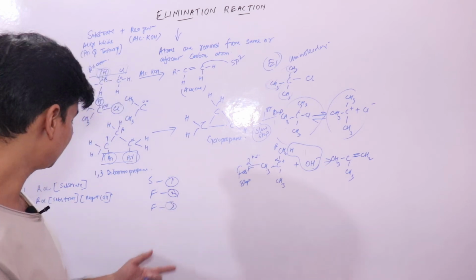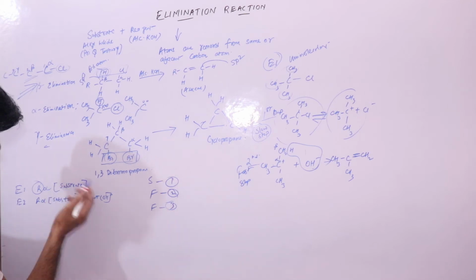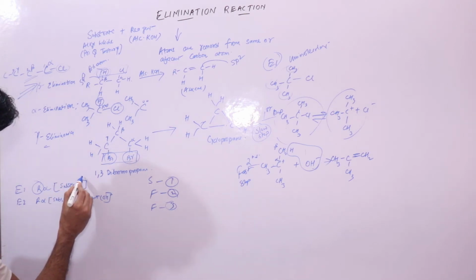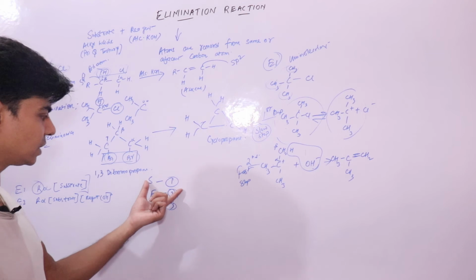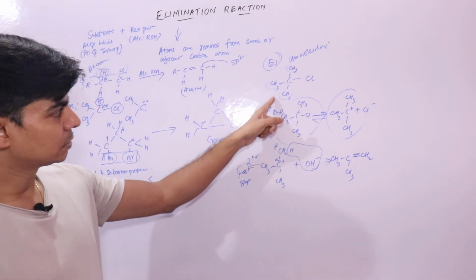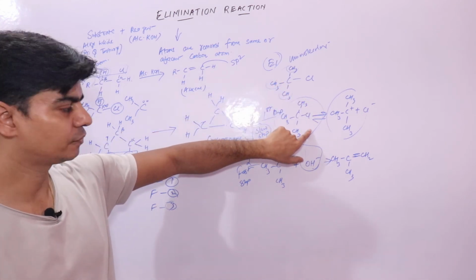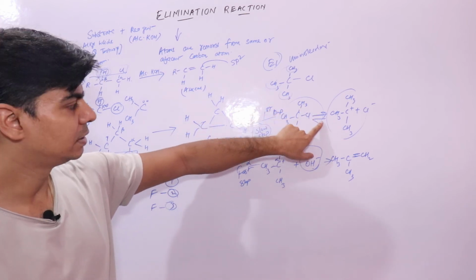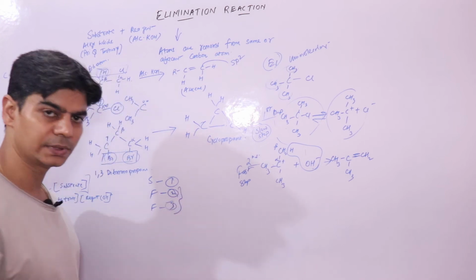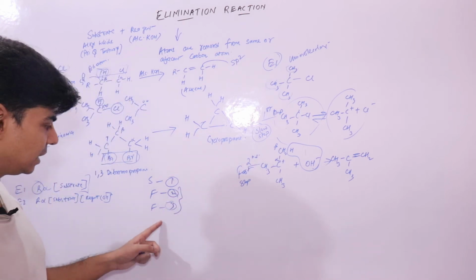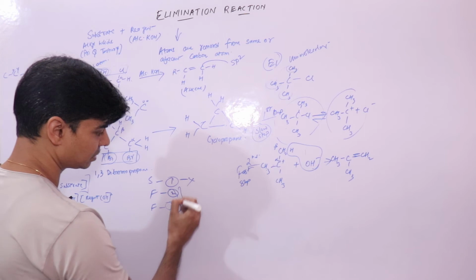Now since I said that the rate of reaction, the speed of reaction, or the completion of reaction, we may take it like that, depends on the concentration of substrate. And when we look at the substrate, the first step is the ionization of the substrate, which is your alkyl halide. This is a slow step. Now these 2 steps will get completed first, but still this reaction would not be considered as complete unless this step is completed.